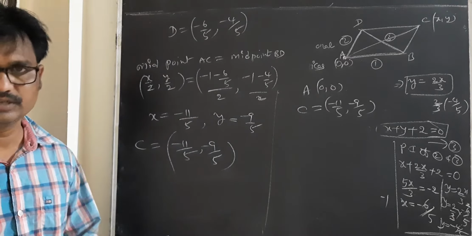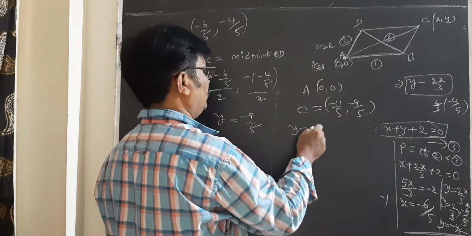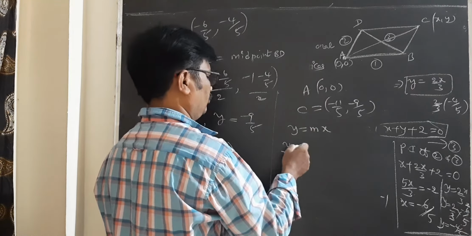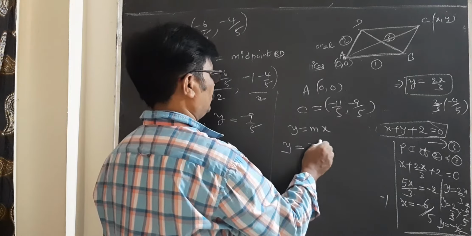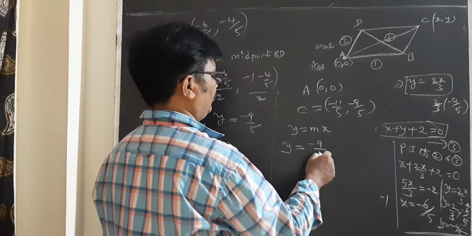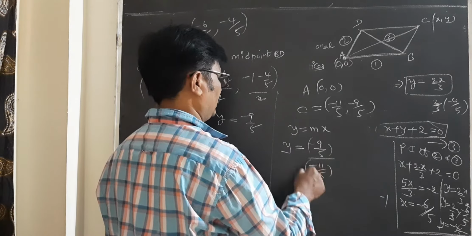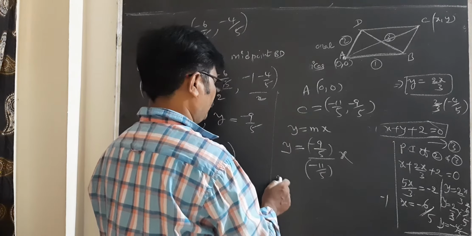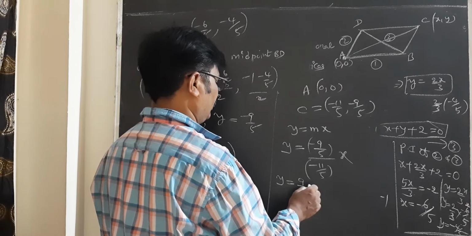The equation of AC, which is passing through the origin, is y equals mx. Y equals m, that is y2 minus y1 by x2 minus x1, minus 9 by 5 whole by minus 11 by 5, into x. Therefore y equals 9 by 11 into x.